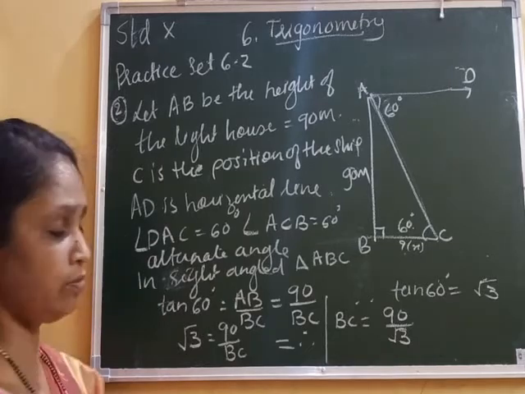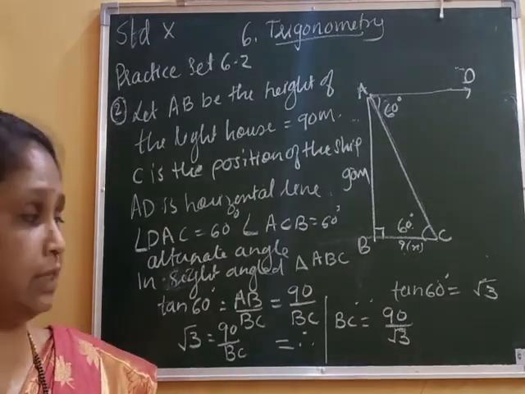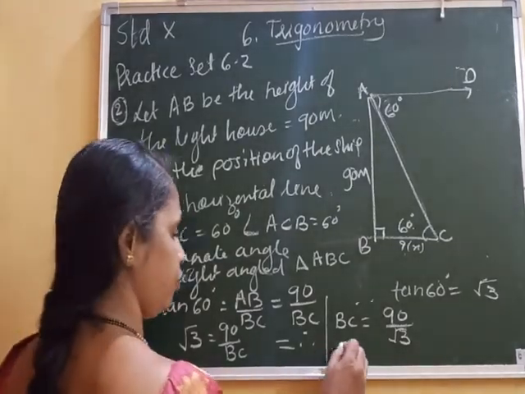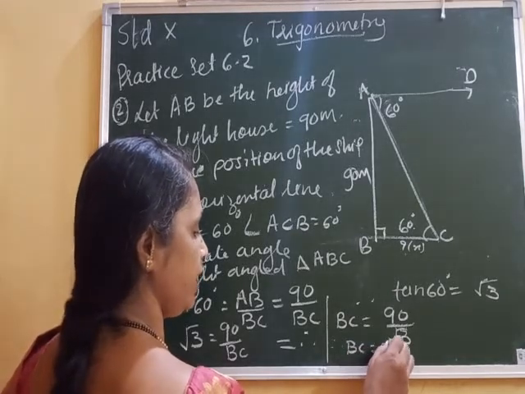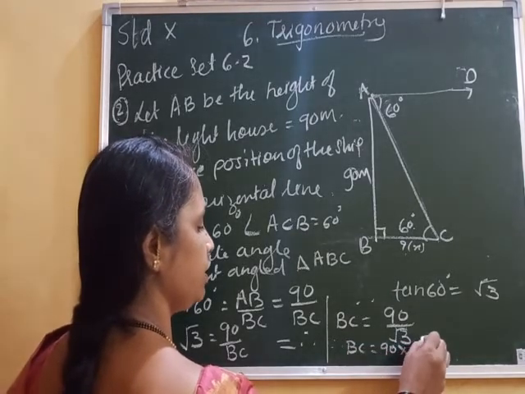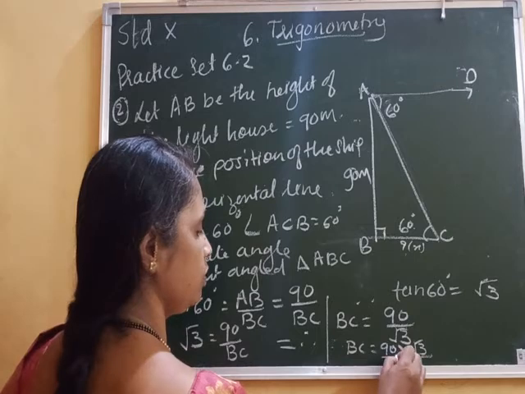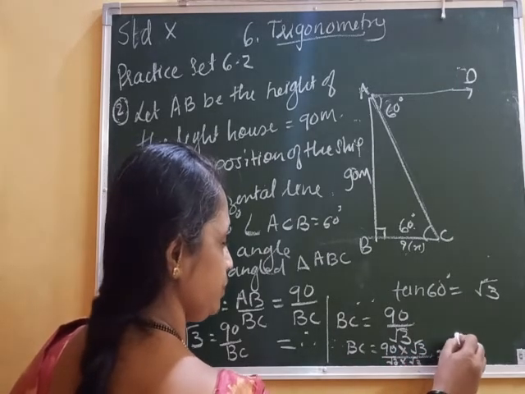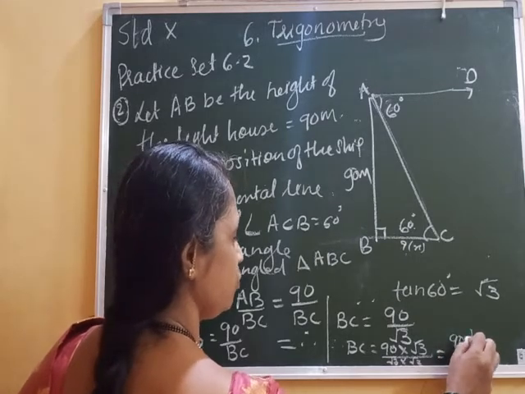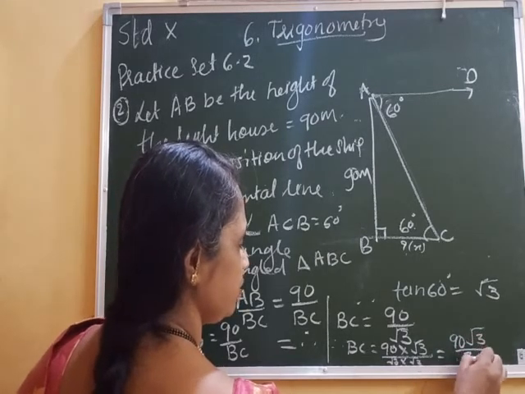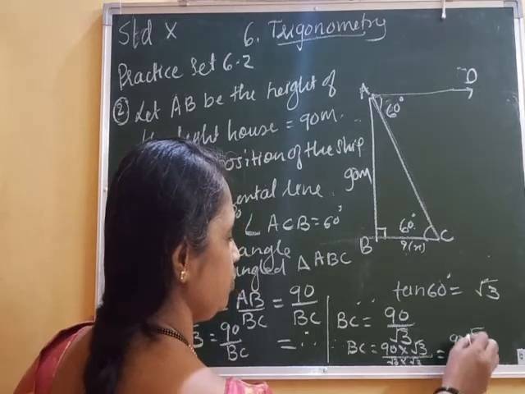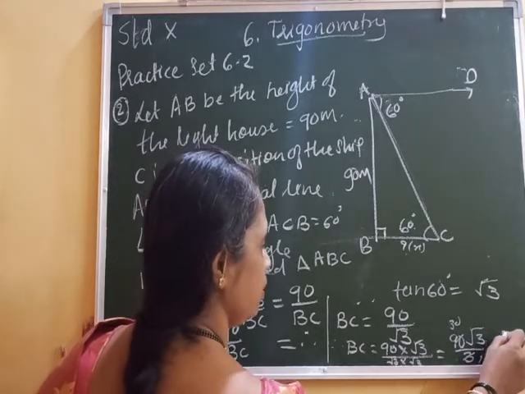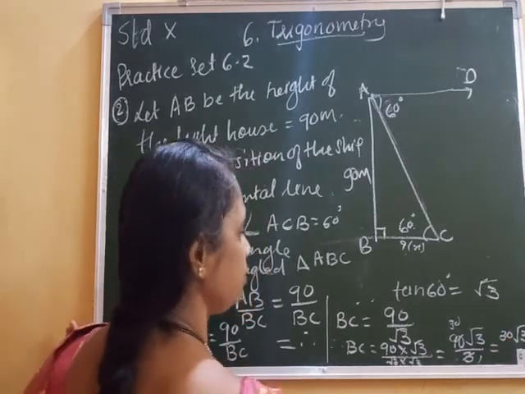See, when root 3 comes in the denominator, you have to rationalize the denominator. Okay, therefore, BC is equal to 90 into root 3 upon root 3 into root 3. So, which will be equal to 90 root 3 upon 3, which will be equal to 30 root 3.